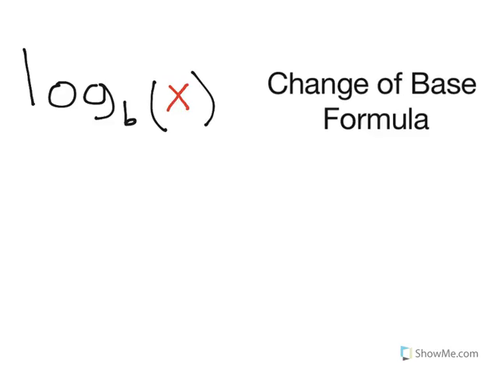Alright, the last formula is the change of base formula. At first it may seem a little intimidating, but it's actually one of the easiest. So what you do is you can use this to change the base. So instead of being log base b, we can change it to log base d and we'll put the x on top, like so.